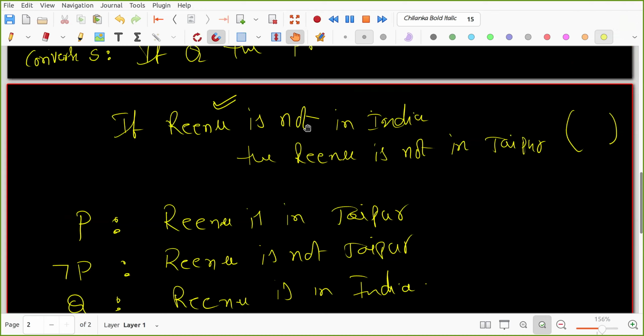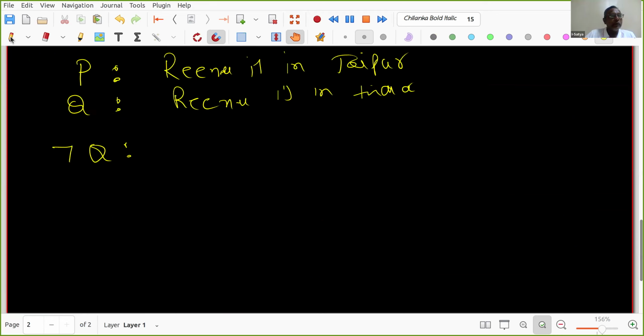Negation of Q, that is what I am asking. If negation of Q, then what is this? Negation of P. Yes, that is what I am asking, right? This is called negations. Okay, good, nice, you can mute.